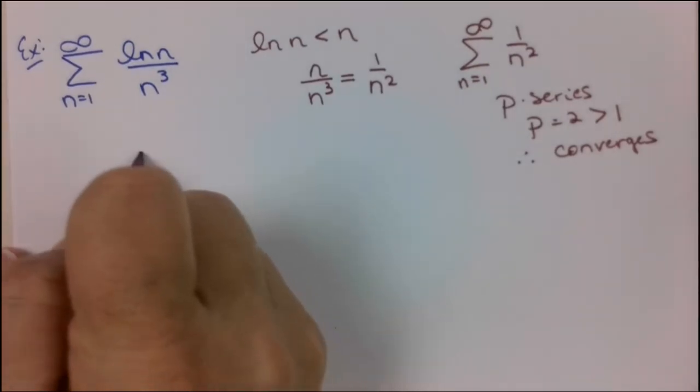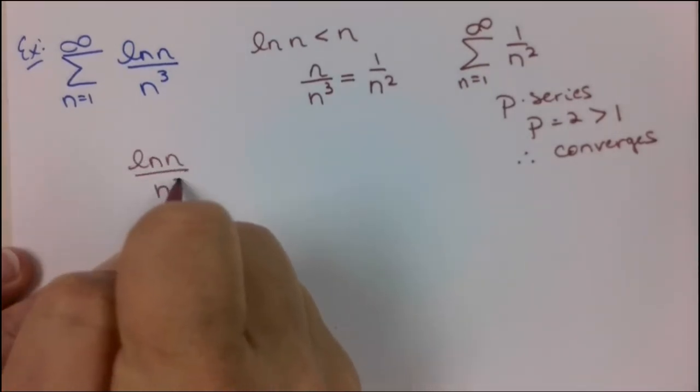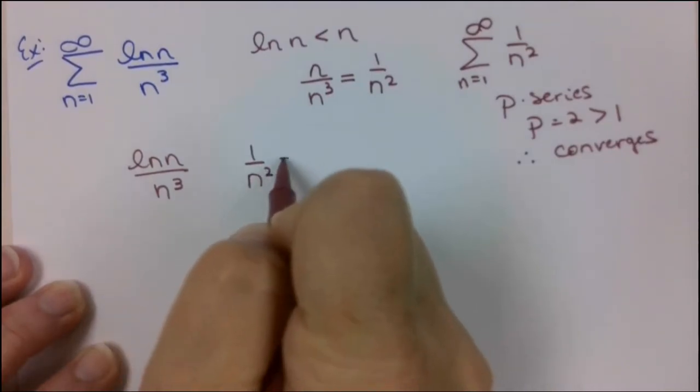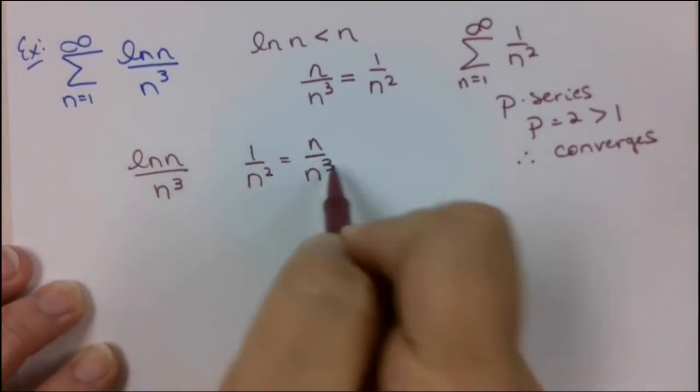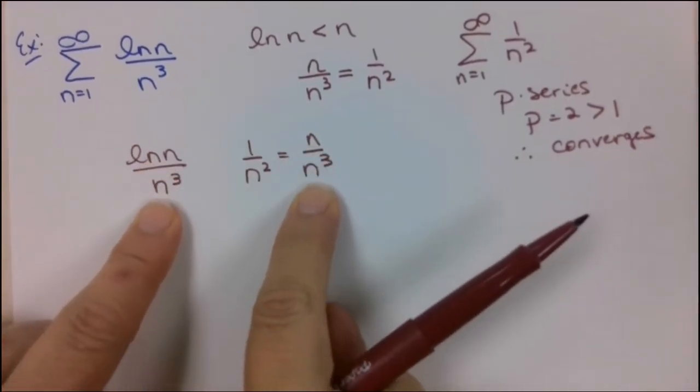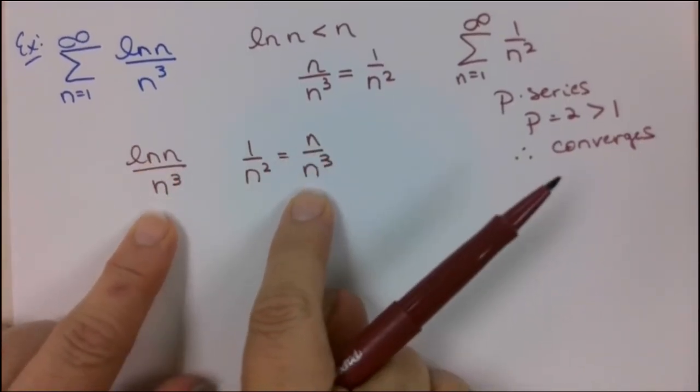So let's compare our series, natural log of n over n cubed, and I'm comparing to 1 over n squared, which really we want to think about as n over n cubed, because those are the terms that I want to look at to compare.